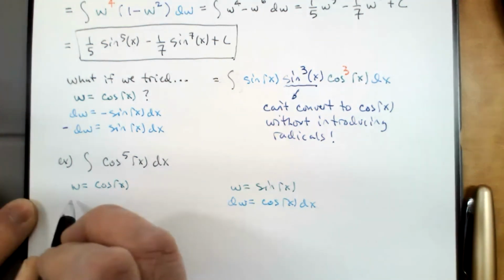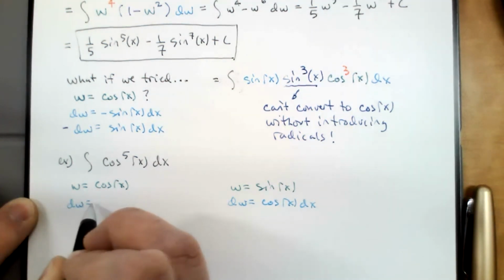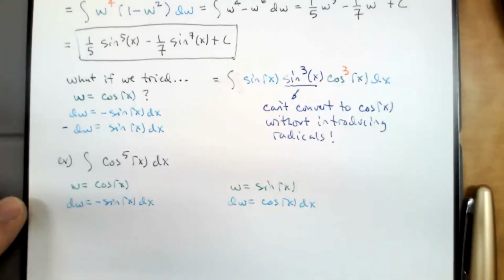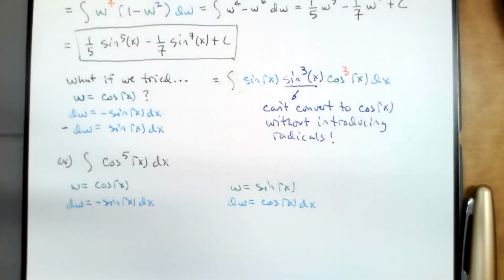So the problem here is not that when we do dW, it's minus sine X dx. It's not that we look at this and say there aren't any sines running around. That's not the reason that this substitution is not going to work.